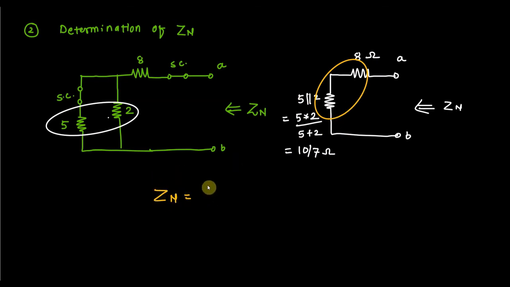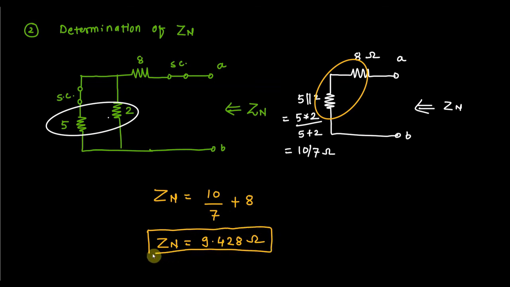The final answer of Zn is 10 by 7 plus 8. 10 by 7 is approximately 1.428, so your final answer is 9.428 ohms. This is the value of the Norton's equivalent impedance.